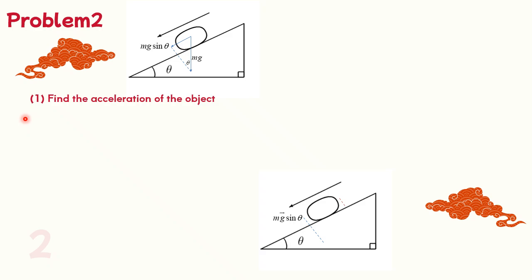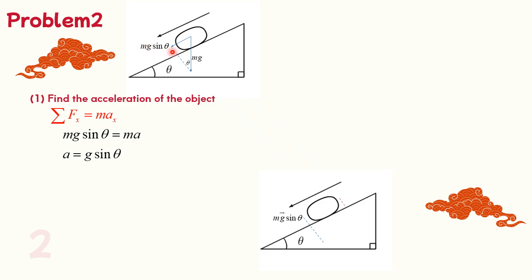For the first question, we are about to find the acceleration of the object here. How does it accelerate? According to Newton's second law, the sum of the forces that act on an object equals its mass multiplied by its acceleration.